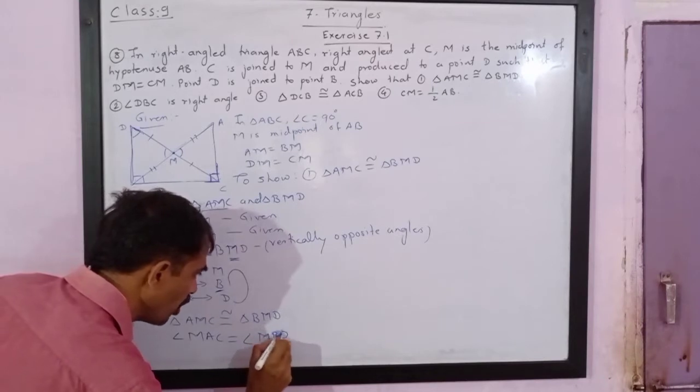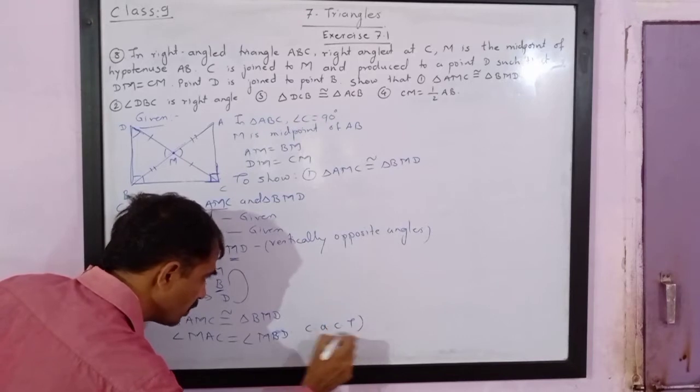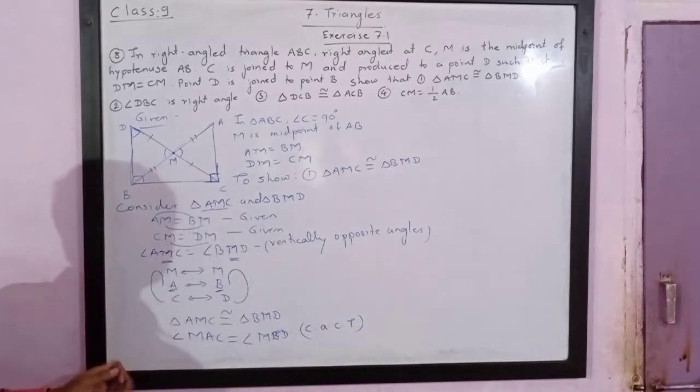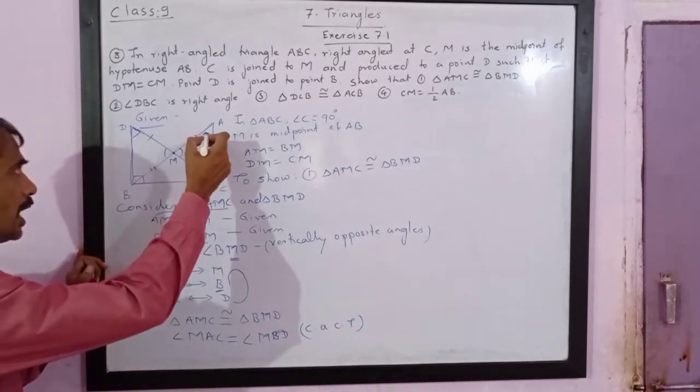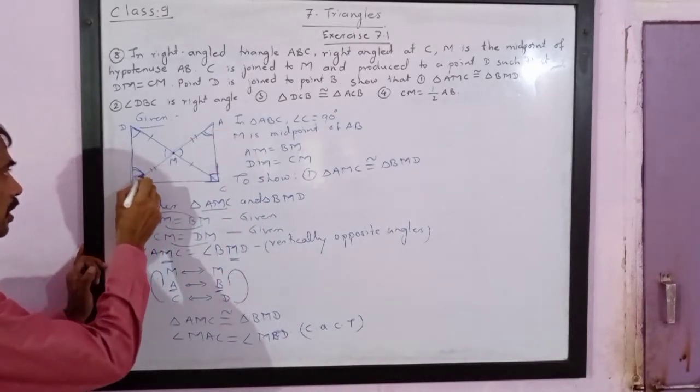They are corresponding angles of congruent triangles, or you can say corresponding parts of congruent triangles. So we have got MAC, that is this angle, congruent to this angle.